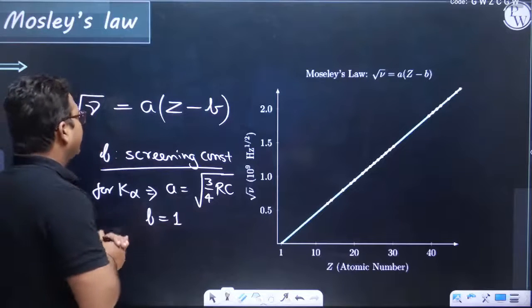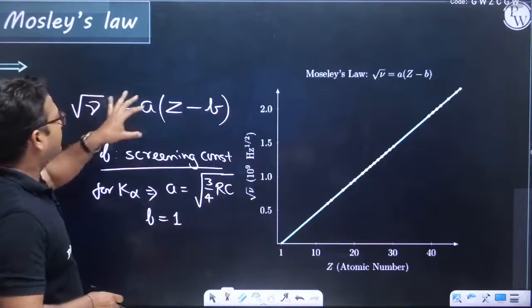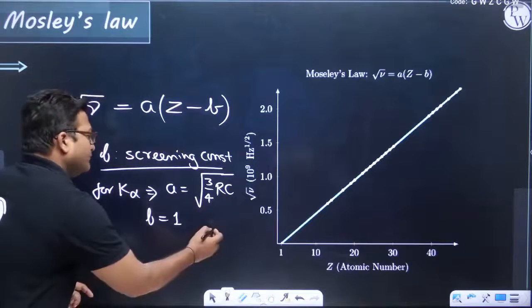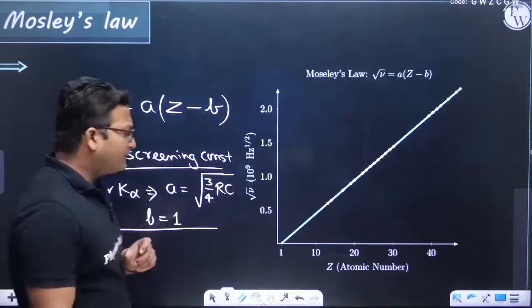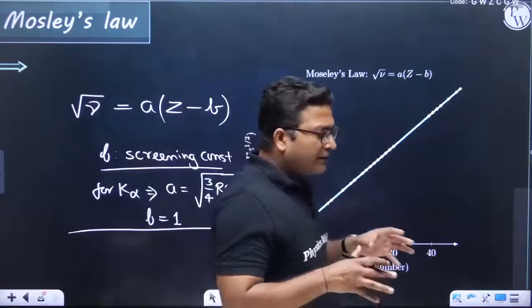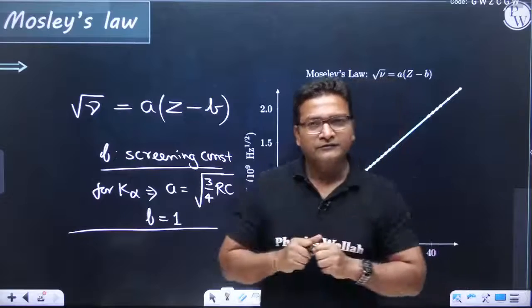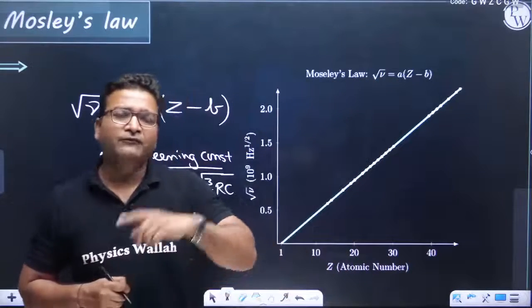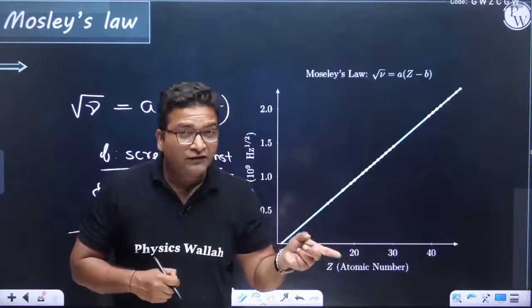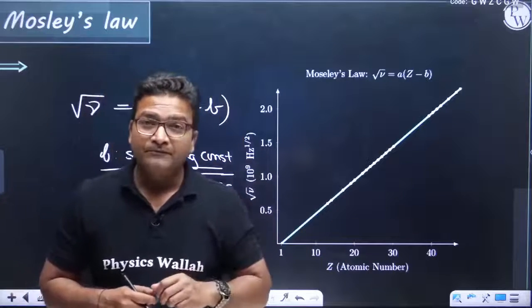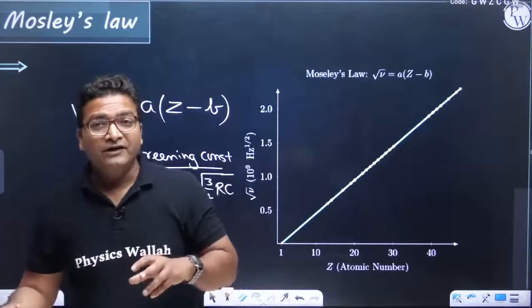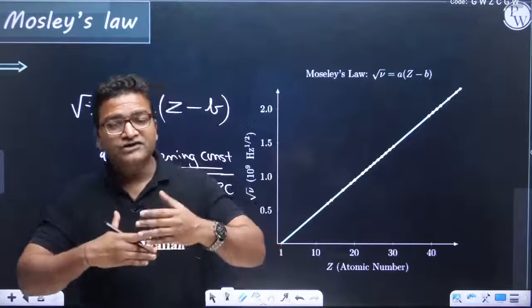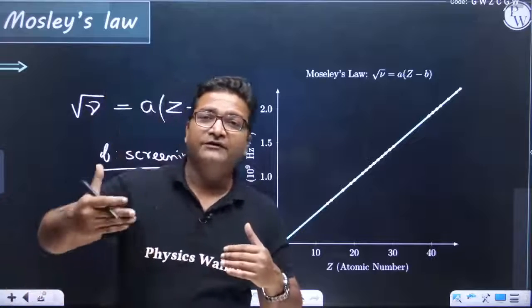Okay, and as here we have frequency, here we have Z, the atomic number. I have seen many times questions like we are comparing two metals having atomic numbers Z1 and Z2, and for one the wavelength of the k alpha line is lambda 1, and for the other the wavelength of the k alpha line is lambda 2. So what is the relation between lambda 1 and lambda 2 and Z1 and Z2?